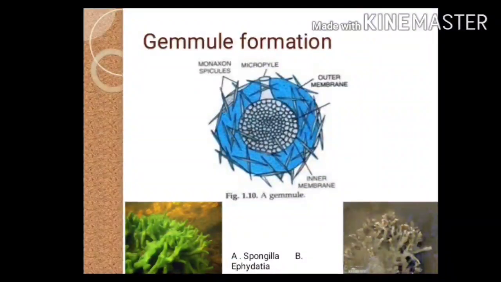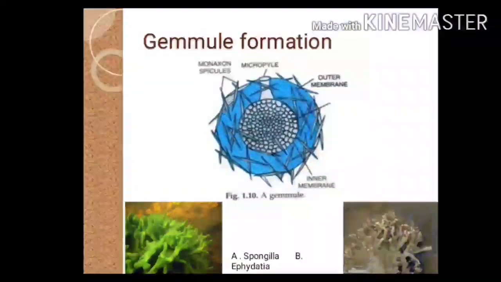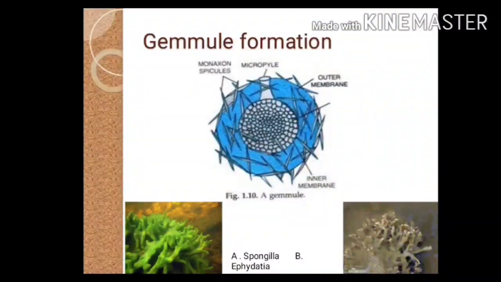This type of budding occurs in spongilla and ephydatia. In spongilla, a freshwater sponge, a number of buds called gemmules are formed inside the parental body. Each gemmule is a mass of undifferentiated cells called archaeocytes. The archaeocytes are surrounded by a protective coat with amphidisc spicules, and the gemmule helps in dispersal.